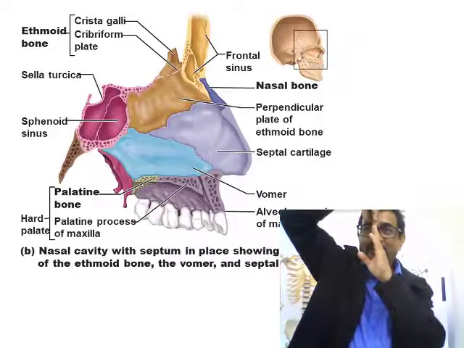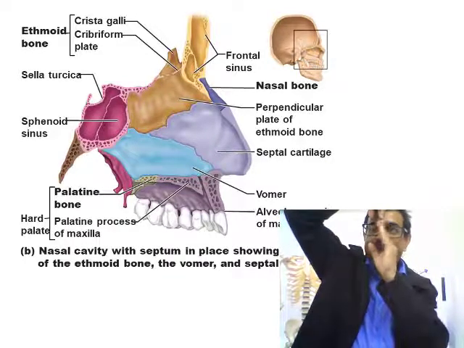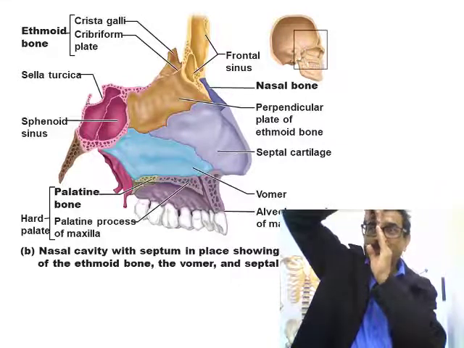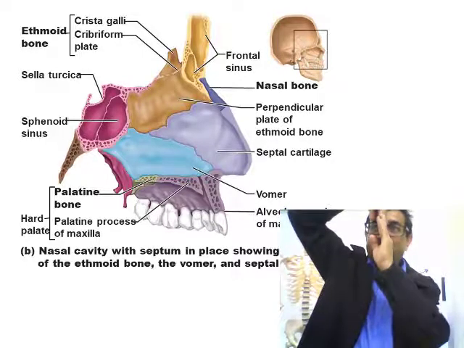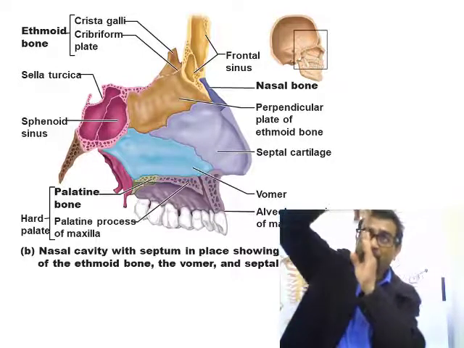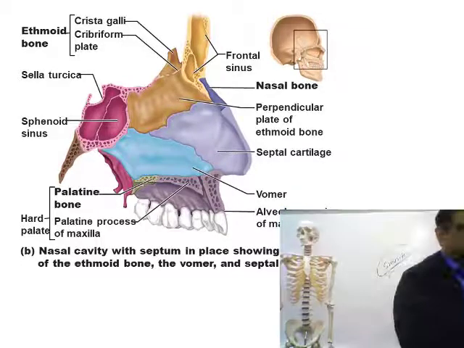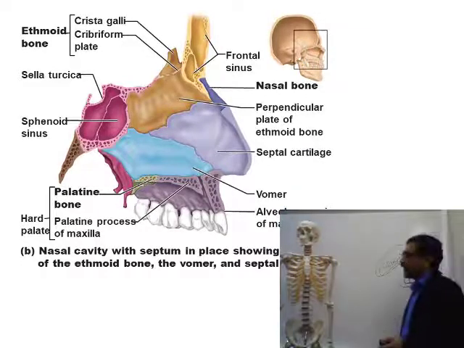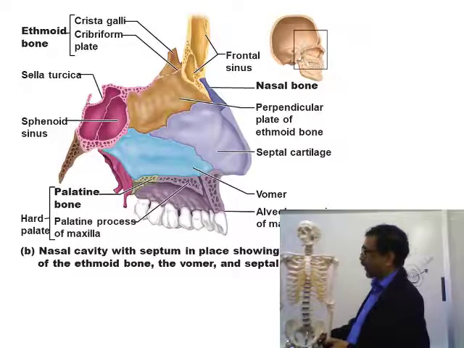And you see they go like this. This is vomer, and this is the perpendicular plate of ethmoid, and they join together to form the hard part or bony part of nasal septum. So vomer from below, perpendicular plate of ethmoid from above, to form the bony nasal septum.